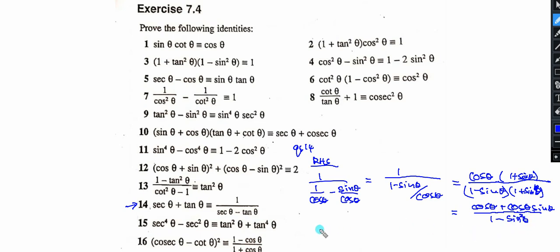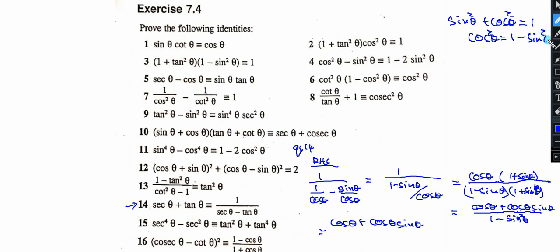Okay, and using the identity, sine square theta plus cosine square theta equals 1. So cosine square theta is actually 1 minus sine square theta, which is this. So the denominator can be written as cosine square theta.